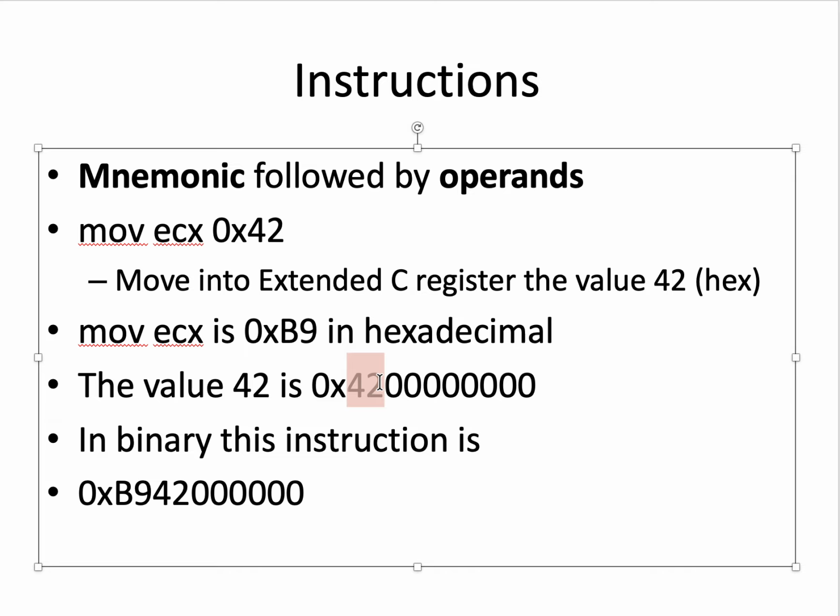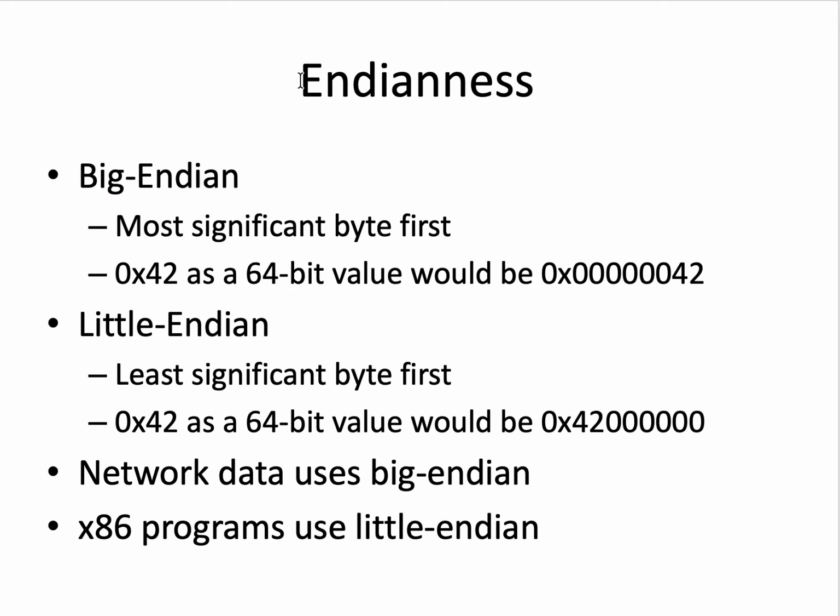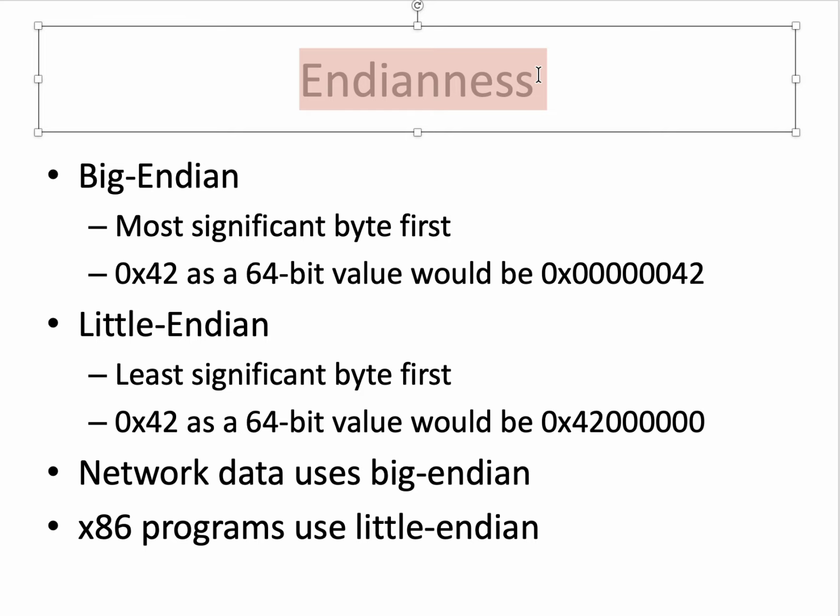All right, now because of this, the binary of this instruction is represented by the hexadecimal number of B9, 42, and then all these zeros. Okay, now let's take a look at how this is represented. It's represented via an idea of what we call endianness.